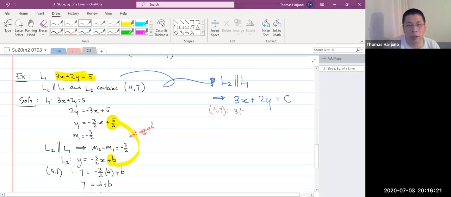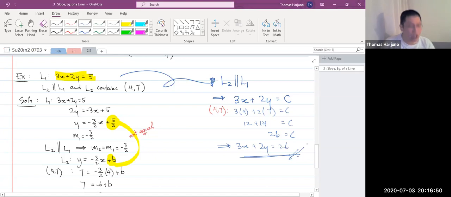That's 3 times 4 plus 2 times 7 equals C. 12 plus 14 equals C, so 26 equals C. Therefore, the equation of the line is 3x plus 2y equals 26. Way faster. Welcome to Precalculus.